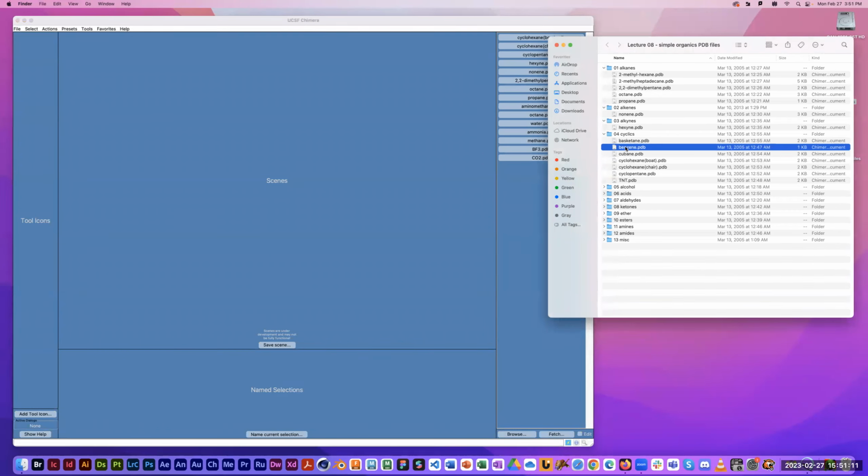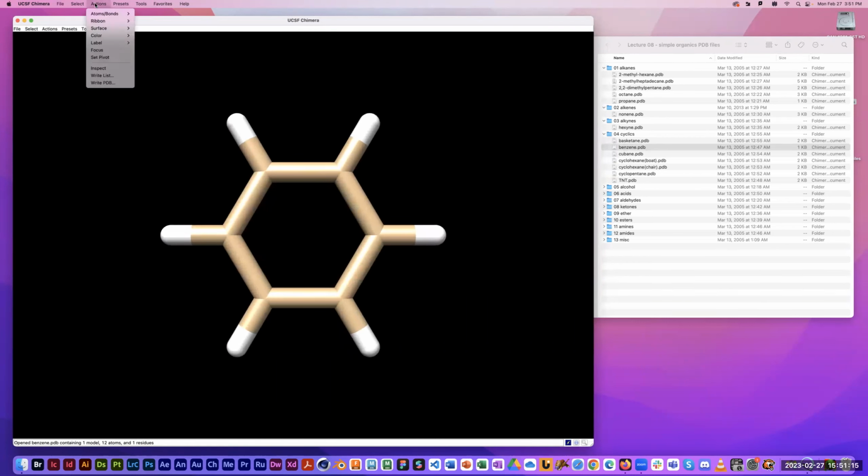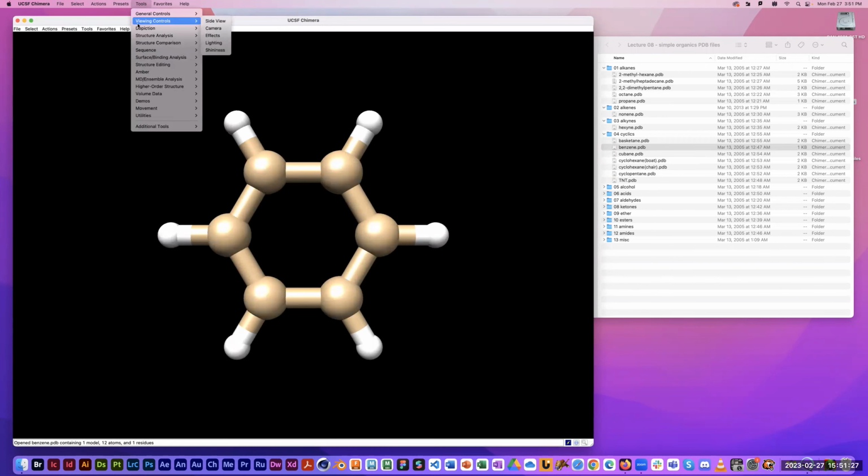And then here's benzene. And once again, Chimera doesn't show the double bonds, although there is a tool.